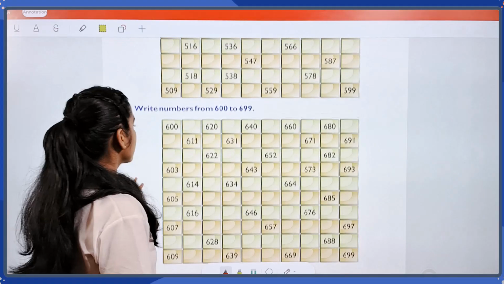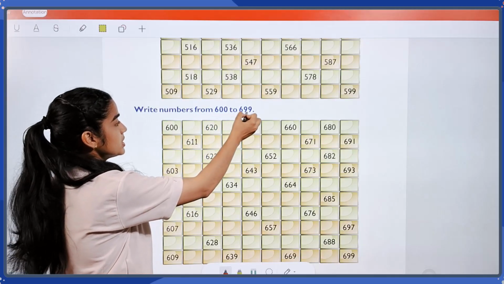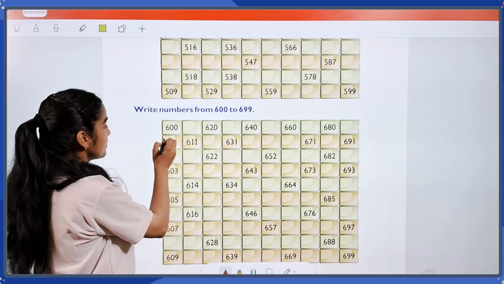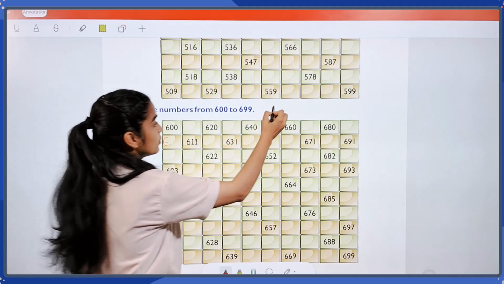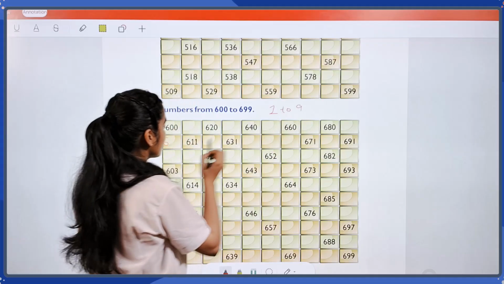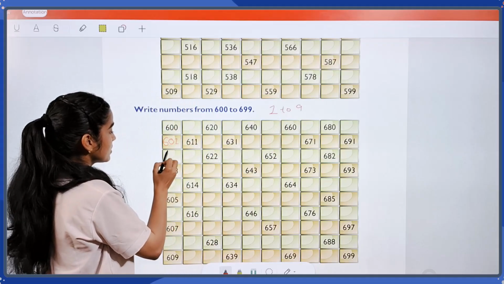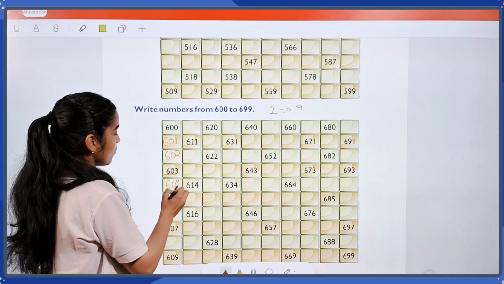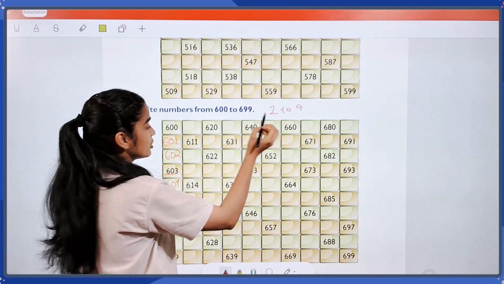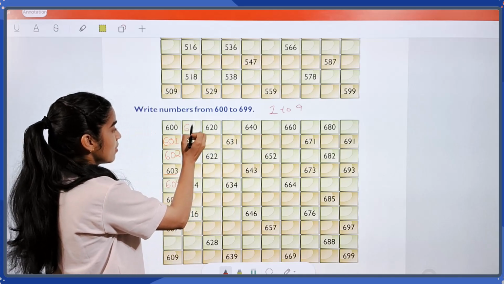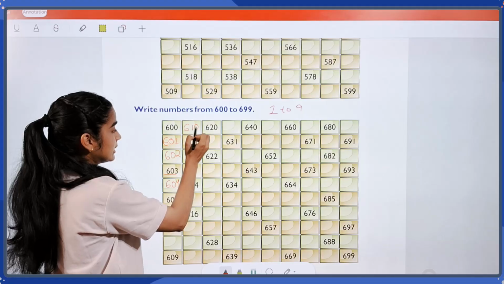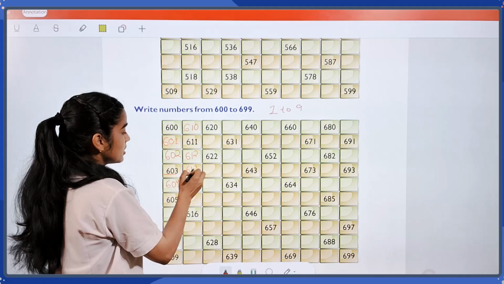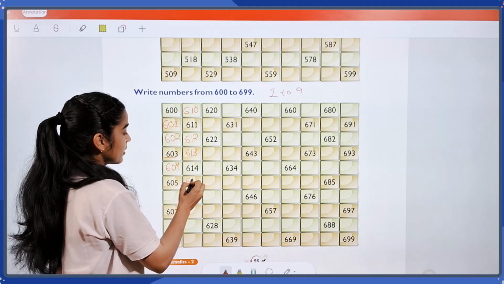Now write numbers from 600 to 699. In the same way as we did in our previous table, 6 will remain the same. 0, 1, 2 to 9 you have to use. So 601, 602, 603, 604. After 9 you have a 2-digit number, so you can use directly 610, 611, 612, 613, 614, 615.